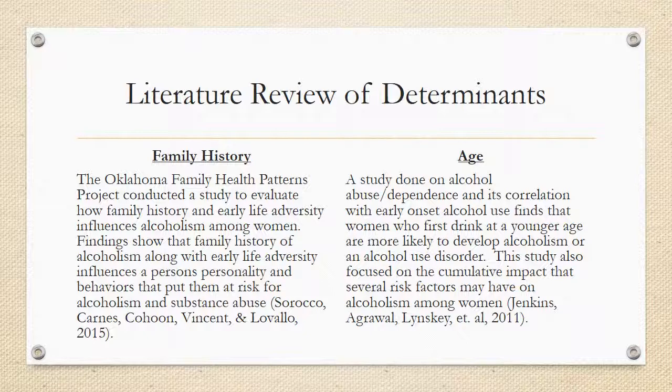And the findings have shown that women who experience alcoholism in their family in early life, along with adversity, experience an influence on their personality and behaviors that puts them at risk for alcoholism and substance abuse in later life. So this is a social influence on these women and their later life behaviors.